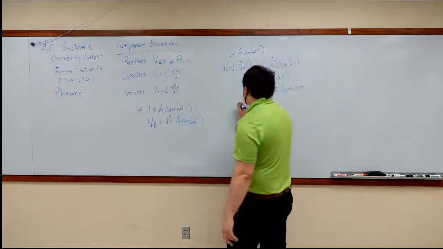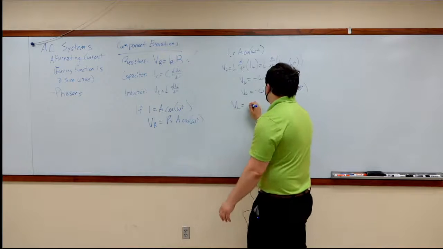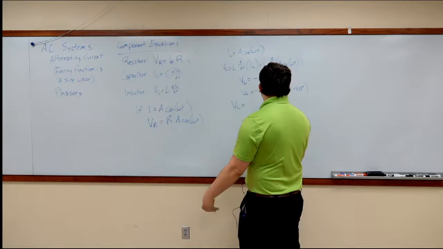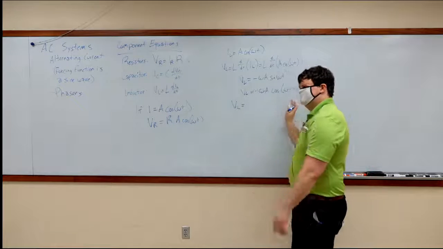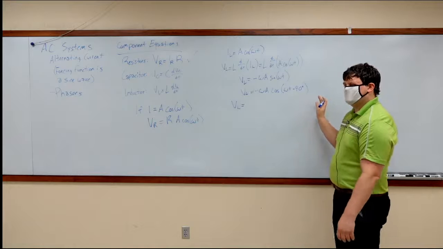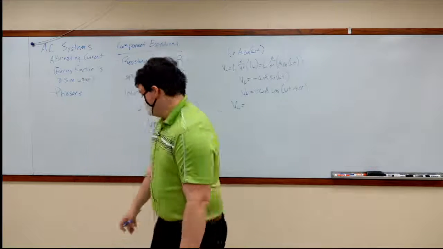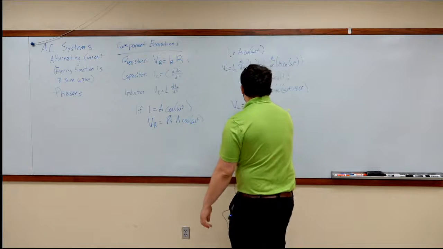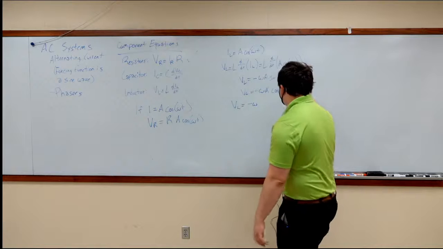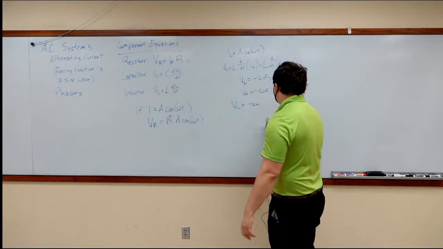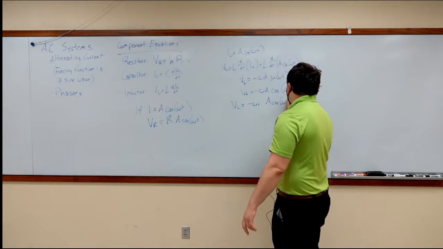For an inductor, VL is equal to negative omega times negative j, which just ends up being negative omega times negative j times A cosine omega t.